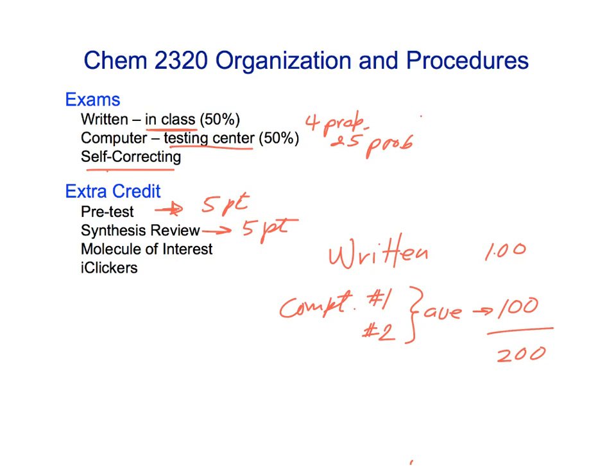Another thing that I'll have is I call it the molecule of interest. For each exam, I'll post a link to some different molecule of special interest, some application or something. And I will put a 5-point extra credit question on the written part of each exam covering some aspect of this molecule of interest.